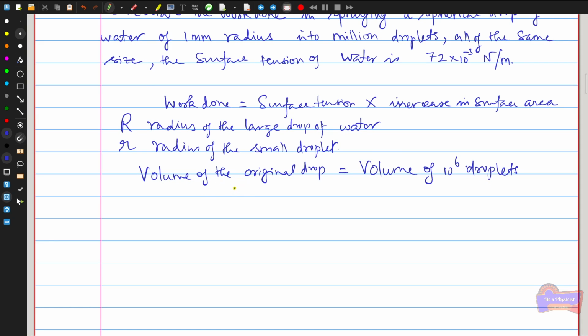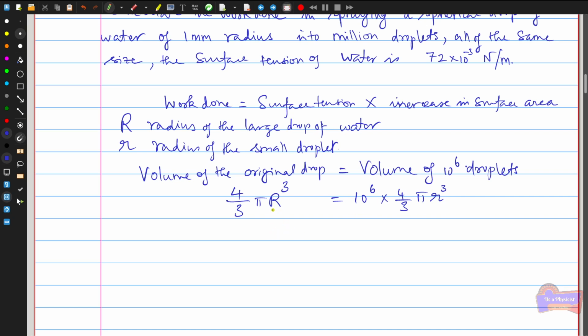The volume of a sphere is 4 by 3 times pi times R cube for the large drop, which equals 10 to the power of 6 times 4 by 3 times pi times small r cube for the droplets.